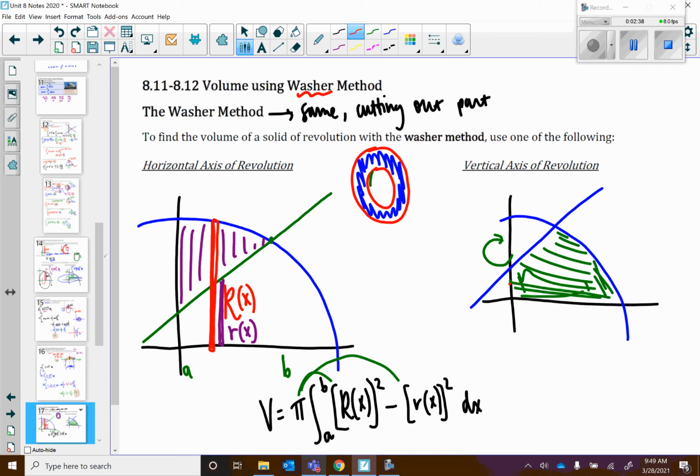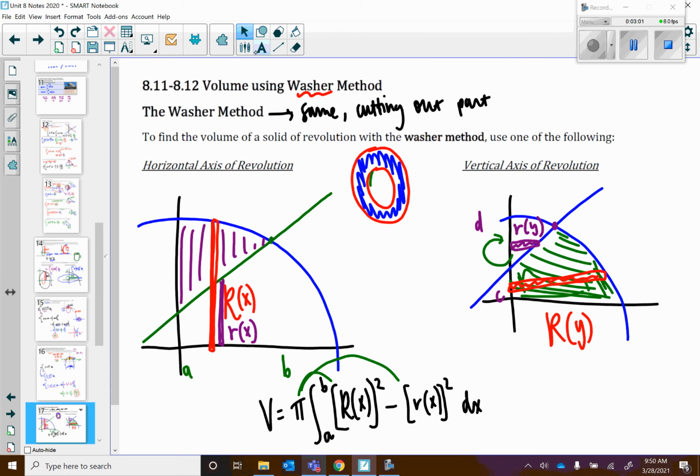And so we've got, again, big radius, so I'll say capital R of y, and little radius, lowercase r of y. And again, we have our bounds. We will name them, instead of a and b, we'll say this is c and d.